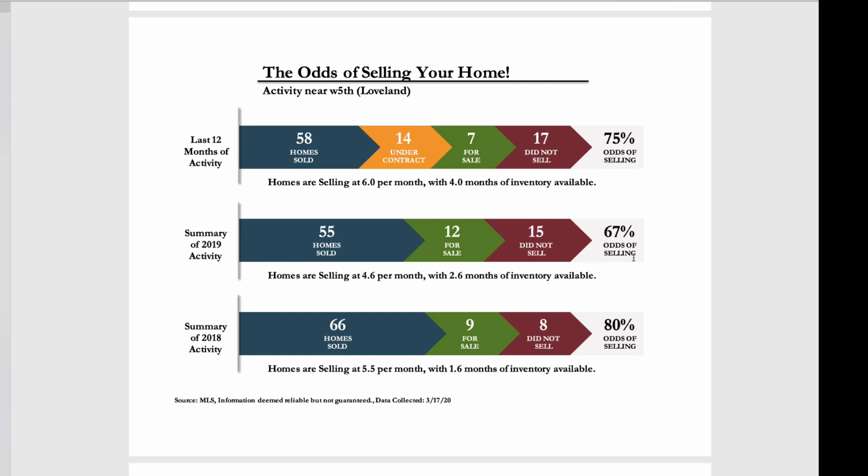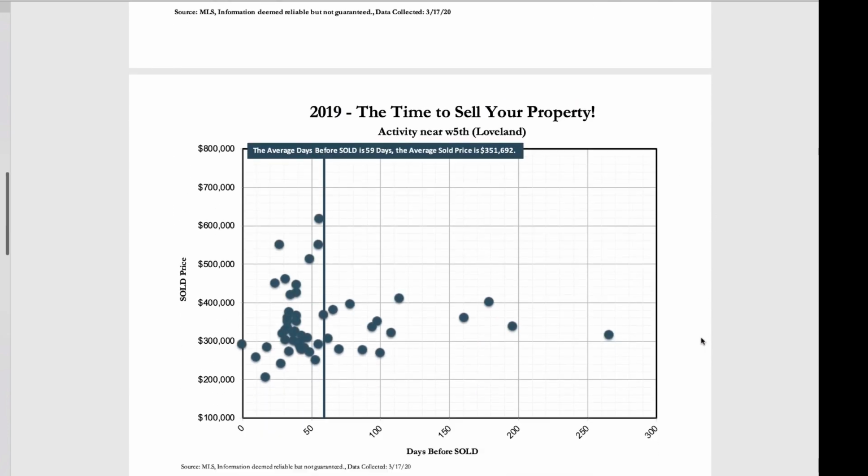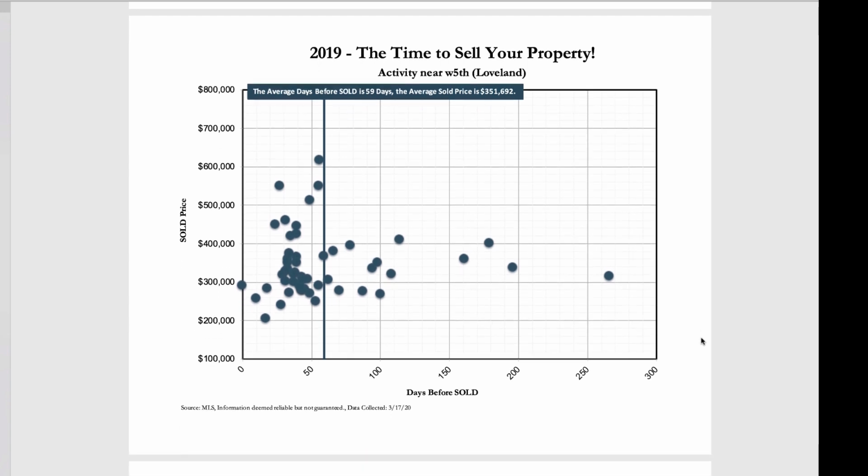But if your house does sell, would you like to see how long it should take before you close? Of course, everybody wants to see how long it takes before they sell their house. Well, let me show you what we did. We took all the homes that sold in 2019, and we put them on this little scattergram chart. What we have on this side is all the prices of the homes sold, so you can see what they sold for.